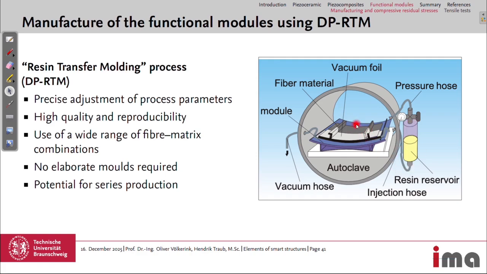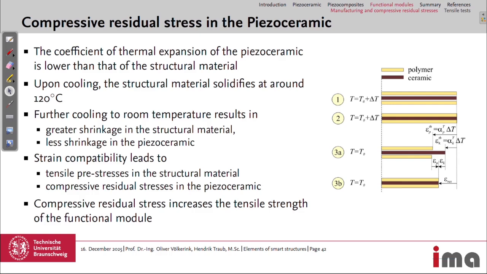Then you evacuate this part, it's sealed with a foil, and then you can inject the resin, and the autoclave can be heated, and you can also apply pressure and then cure the thermoset material, the plastic, and afterwards you take it out, and then you cut them to size and so on.